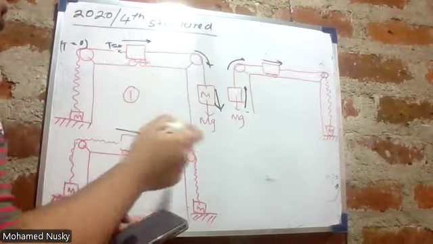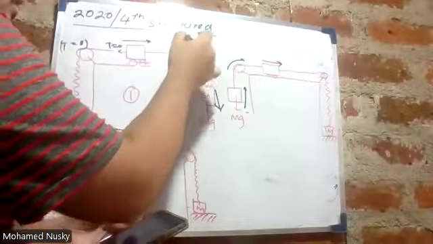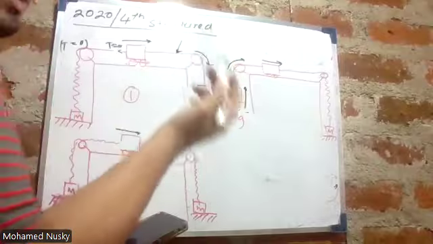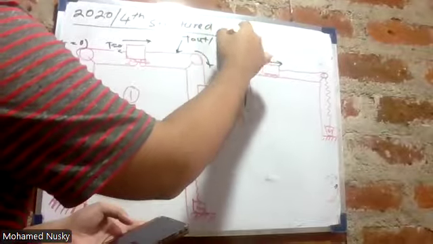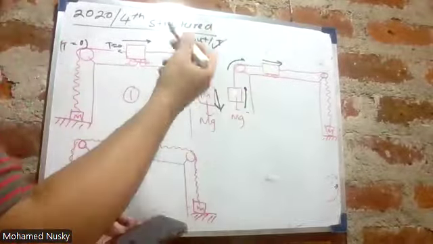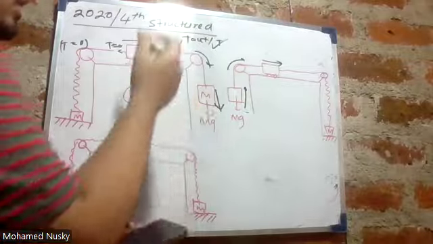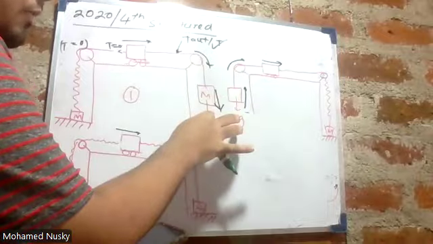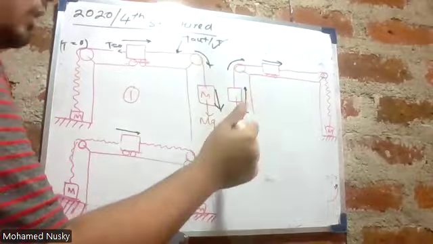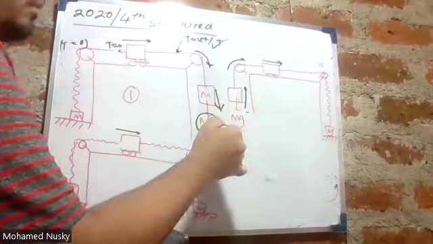In the forward direction, here we can see this is a what string? Taut string. If taut string, it means there will be a tension. What is the tension? Here we can see this box will have a weight in the downward direction, that is mg.